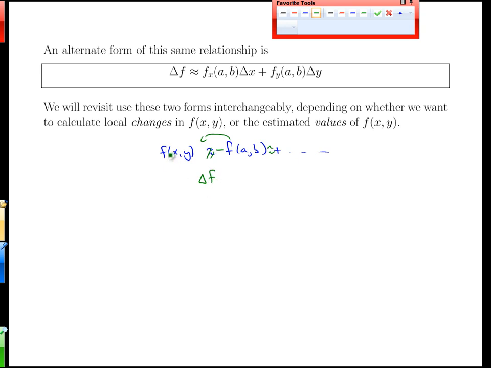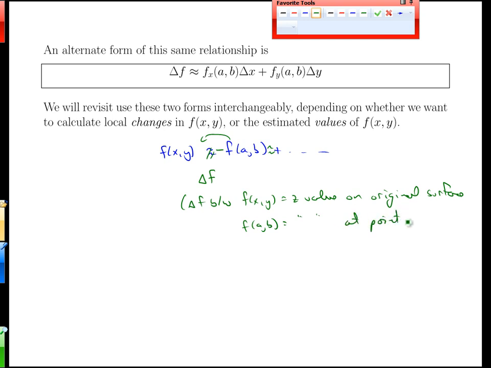It's the difference between the f of xy, or the z value on the original surface, and f of ab, which is the z value at the point of the tangent plane.